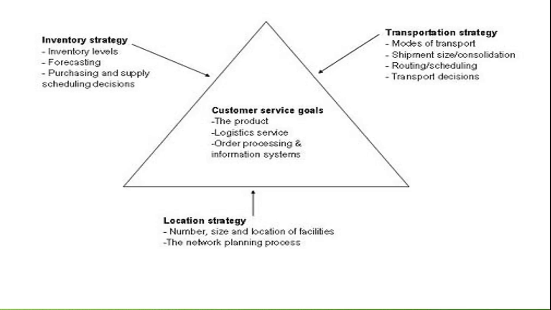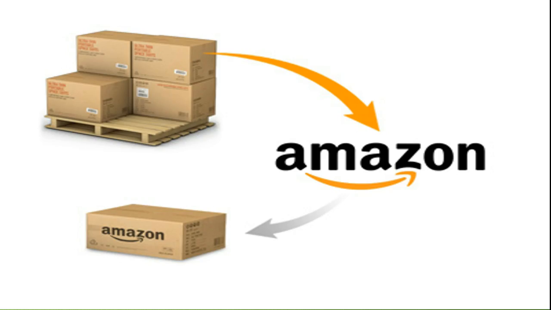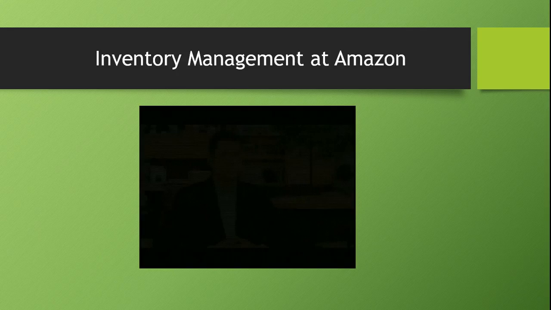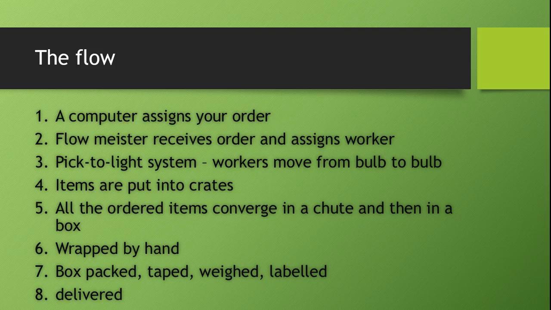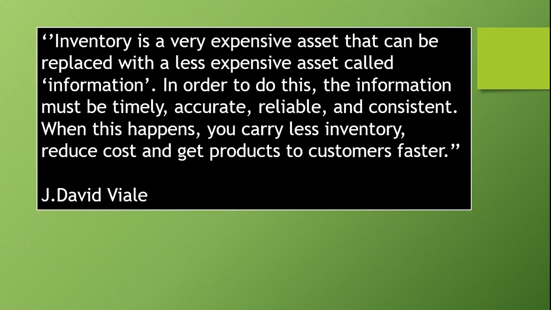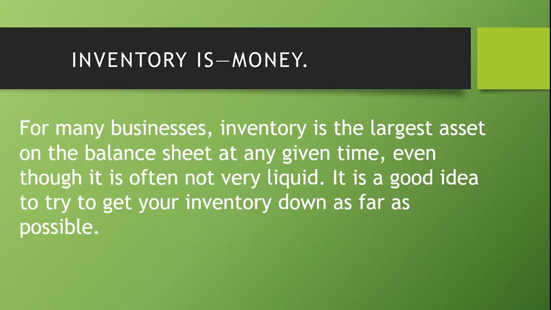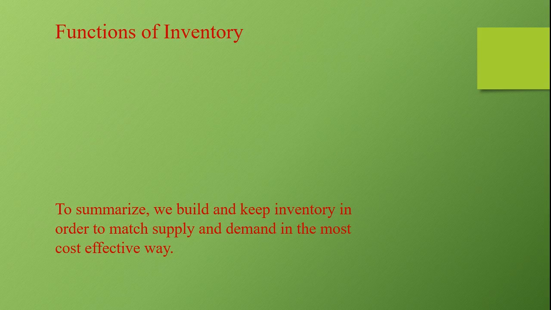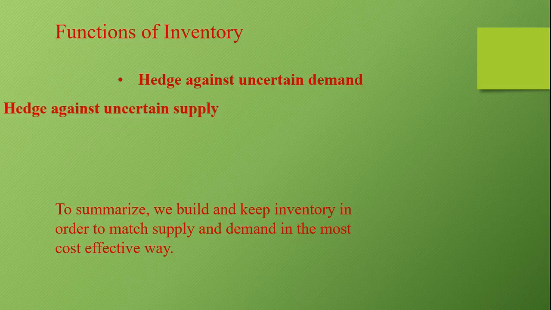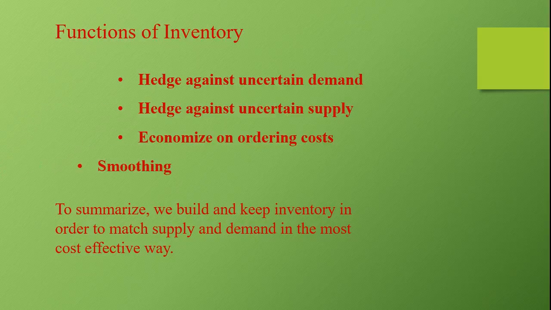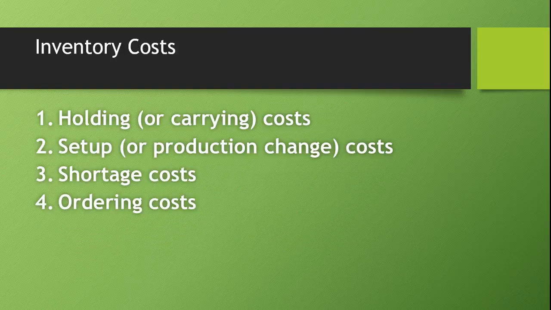Now today we'll just take a look at what we did on Sunday. We covered inventory. We were trying to understand inventory management at Amazon. We looked at an example of Amazon, and then we tried to understand the definition of inventory, the importance of inventory. These you must have studied by now.